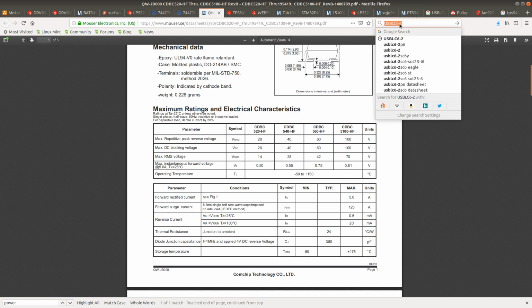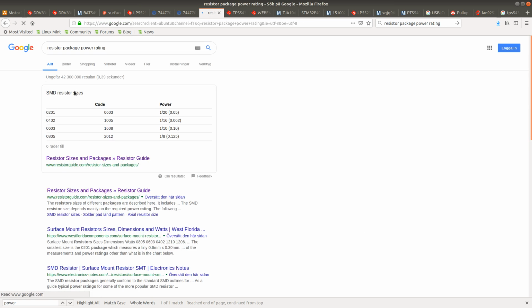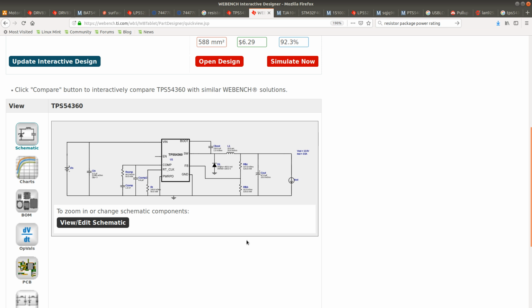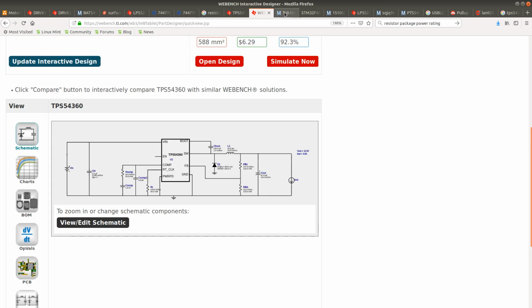Let's see what power ratings we have. So 603 is rated, let's see, is it that we need 805 all of a sudden there? 125 milliwatts is 805. Okay.